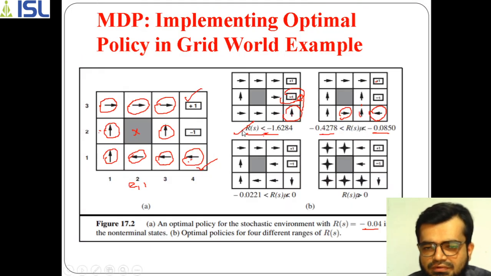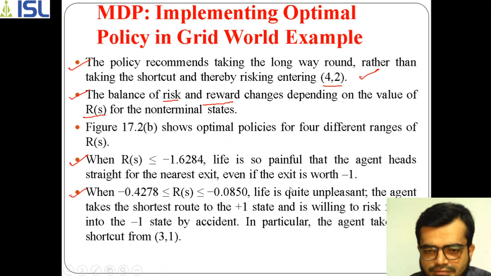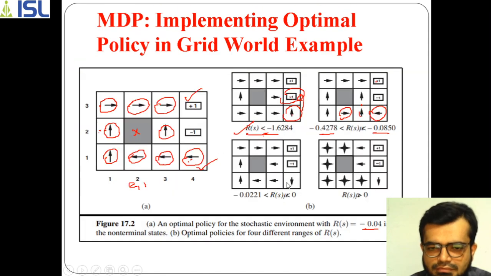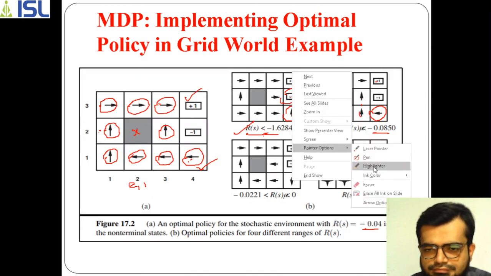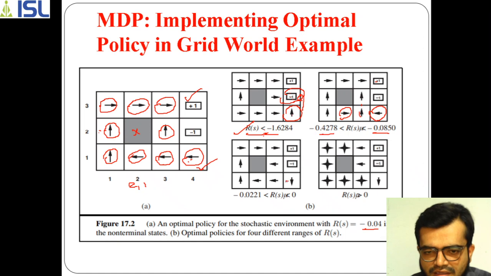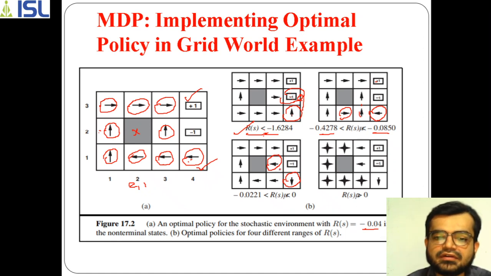4,1 means this state. In this state and in this state, what happens? It avoids entering this state.